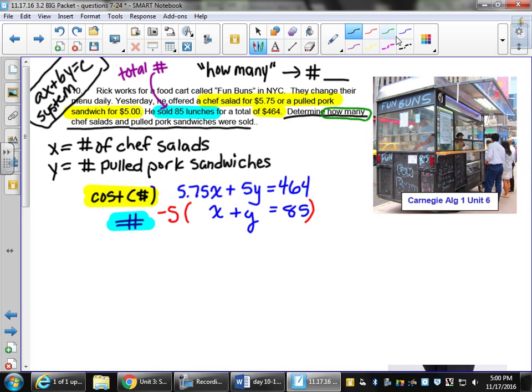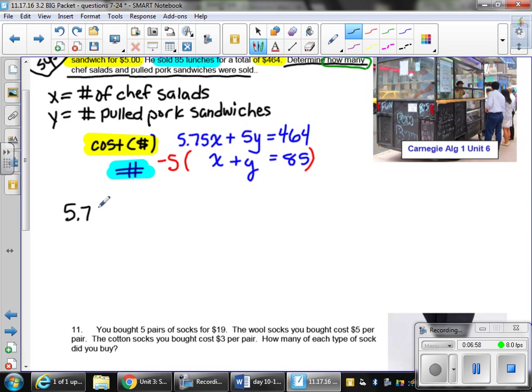Let's write our new system. This top equation didn't change, so just write that down again. 5.75x plus 5y equals 464. Multiplying the entire second equation by -5, we get -5x minus 5y equals -5 times 85.